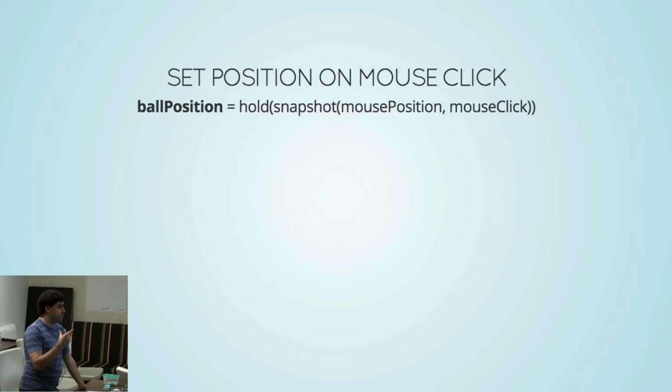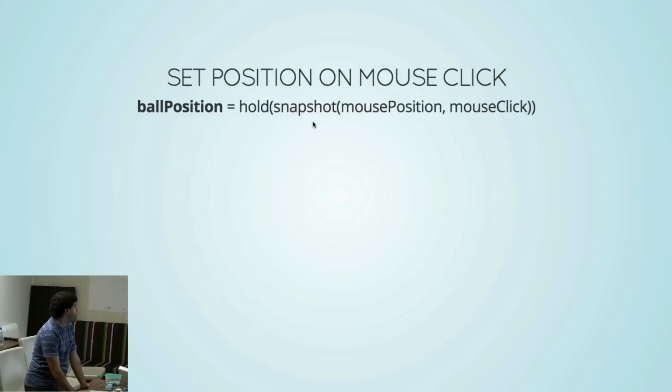So in order to describe the behavior of the ball, that is the behavior that carries the actual position of the ball at any time, we can say that if we have a behavior for mouse positions and an event for mouse clicks, which basically tells us when the mouse clicks actually happened, we can, for instance, use some kind of built-in primitive called snapshot, which takes an event, takes a behavior, and yields an event which has the occurrences at the exact same times as the original event, but the values are replaced by the samplings of the behavior at those times.